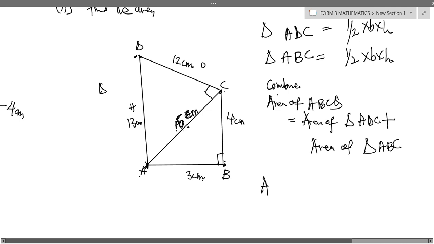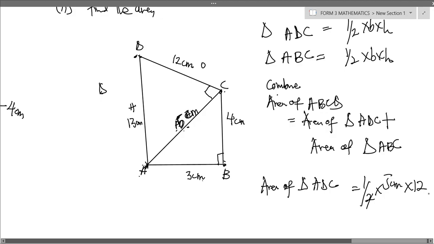So area of triangle ADC is equal to half the base. What's the base? 5 centimeters, times the height. What's the height? The height becomes the opposite, 12.